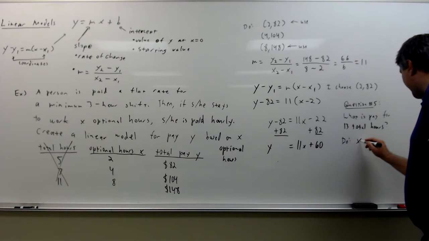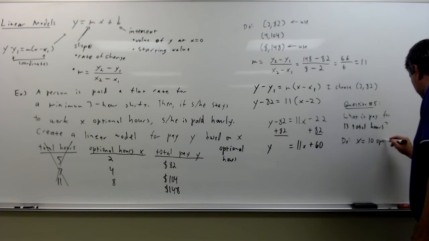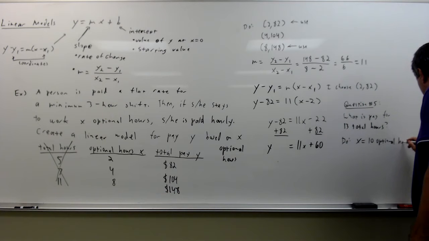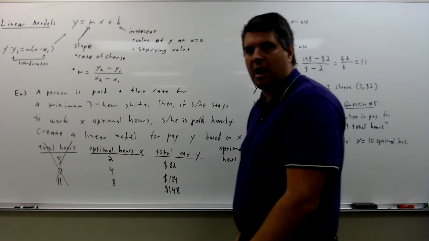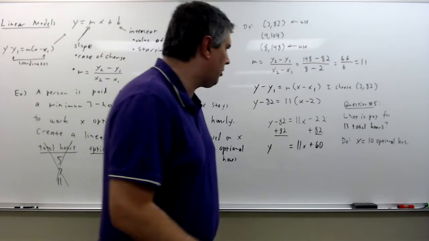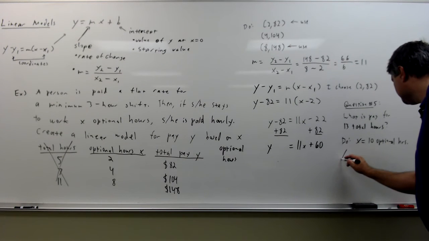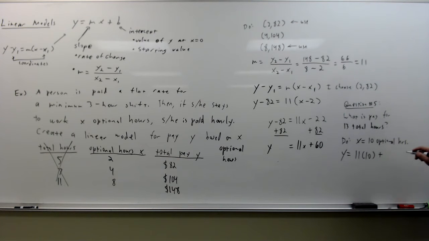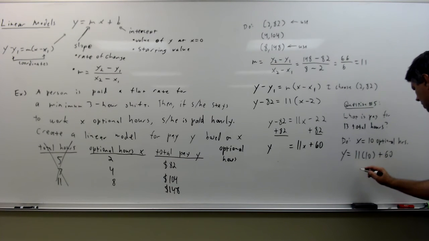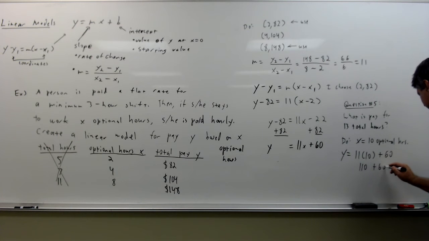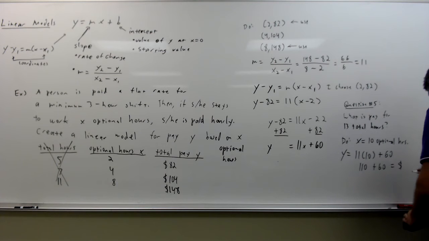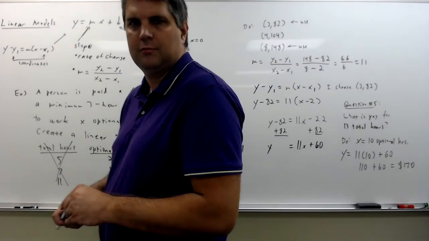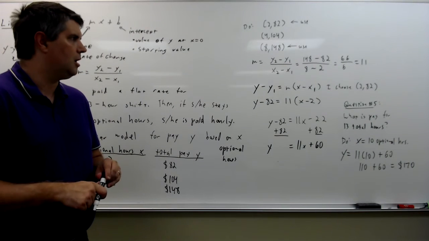So that means x equals 10 optional hours. So I'll plug in 10. So 11 times 10 plus 60, that's 110 plus 60. That gives me $170. All right.